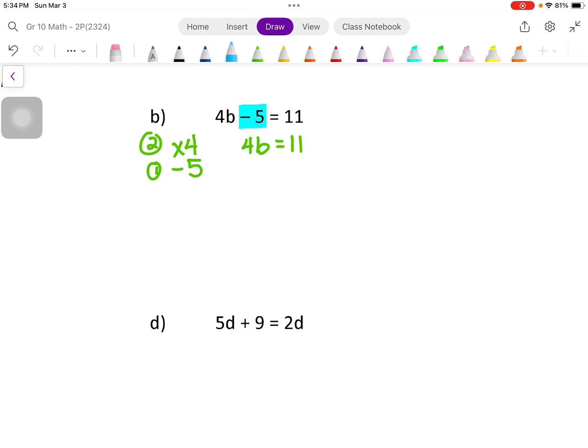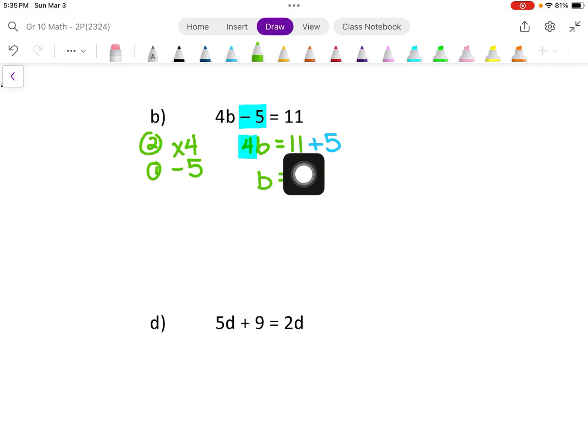Now I will move the 5. The opposite of subtracting 5 is to add 5. In my next step, I want to remove the 4. That means I'm going to be left with just b in front of the equal sign, so I've now isolated my variable. b is on the left by itself.